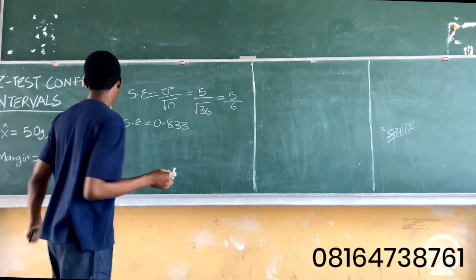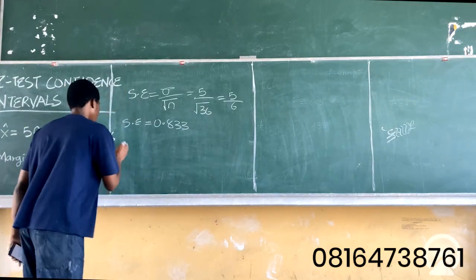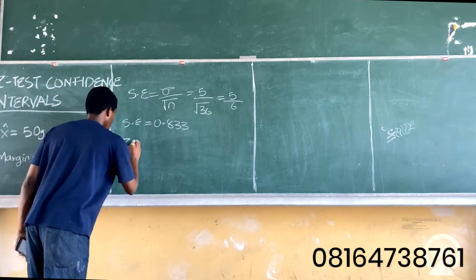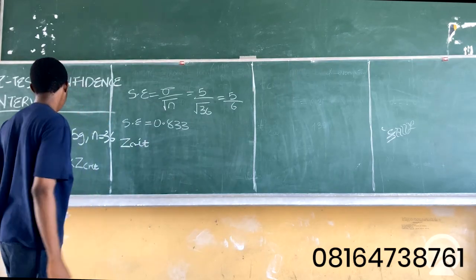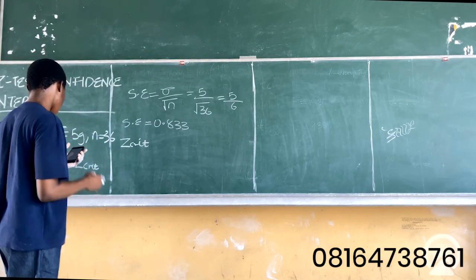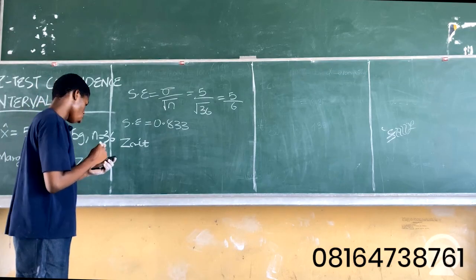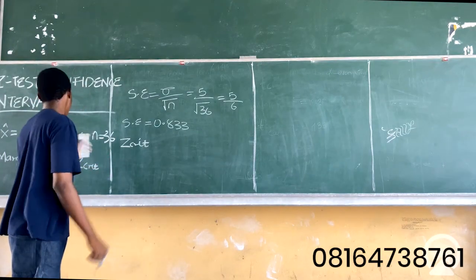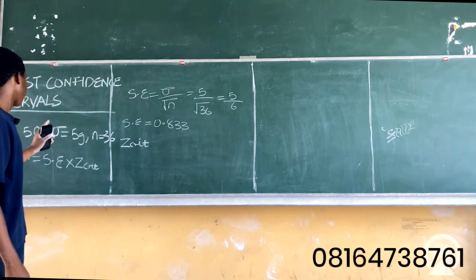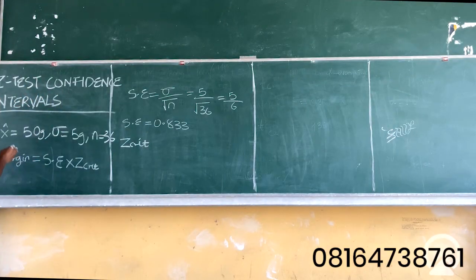Okay, so now we are going to be finding the Z critical value. This is usually represented on a table, and we are going to be looking at the level of confidence and also the level of significance. The level of significance is 0.05.